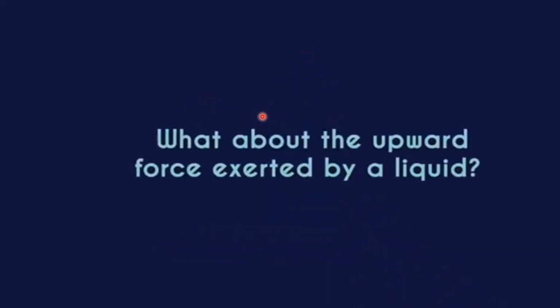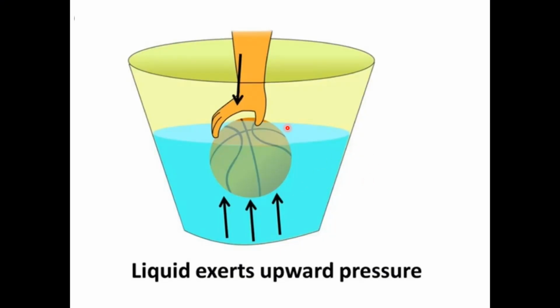Then, what about the upward force exerted by the liquids, children? Let us understand this by an example. Have you ever tried to drown a ball in water? If you have not tried it, try it, children. If you try it, you will find that a force is pushing it upward against your force.